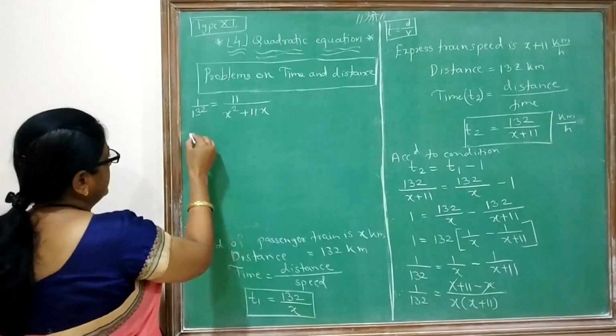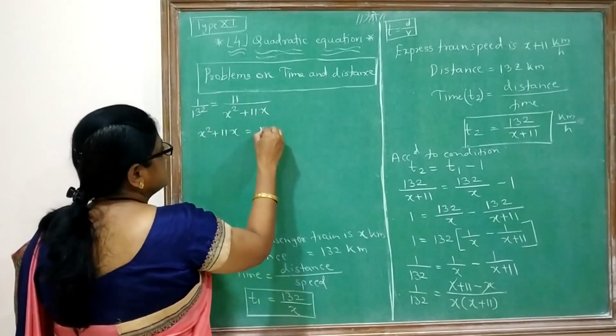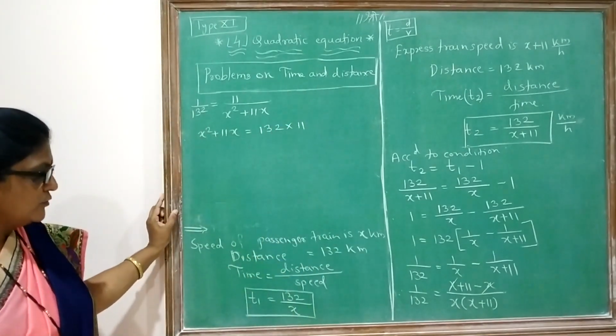Again we cross multiply, that is x square plus 11x equal to 132 multiplied by 11.